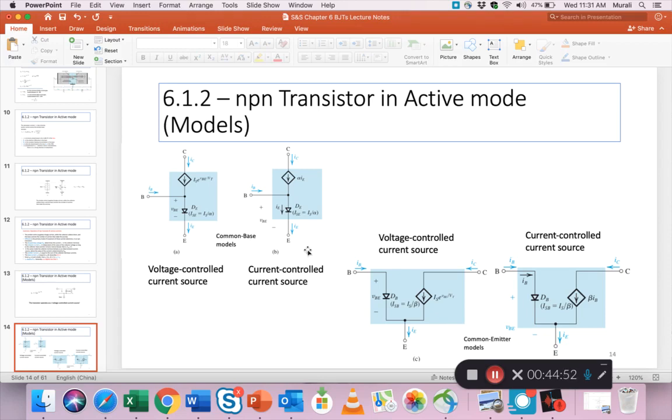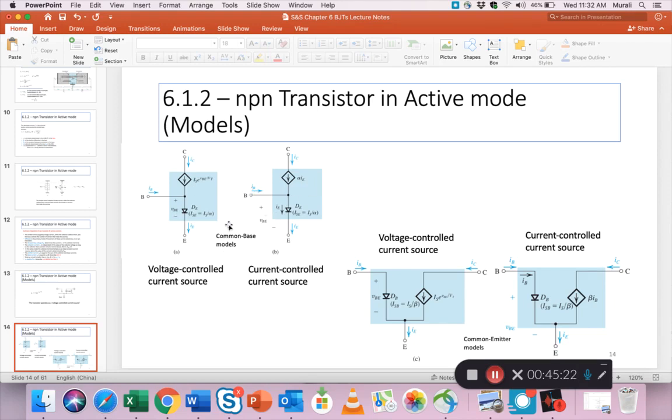IE is also dependent, it's a current, but it's dependent on the base emitter voltage, because we saw those formulas previously. All three of these currents actually depend on VBE, the forward bias junction voltage. But then they also have the alpha beta connections between themselves, right? So basically all we are doing is reworking those relationships to create these four models.